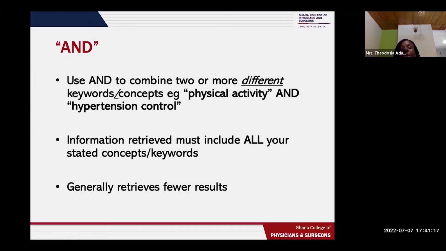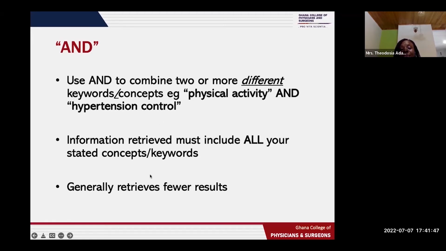So if I search Hinari or Google Scholar or PubMed for physical activity AND hypertension control, the database understands that the research work I'm looking for, whether articles or reviews or clinical trials, should contain both of these concepts.